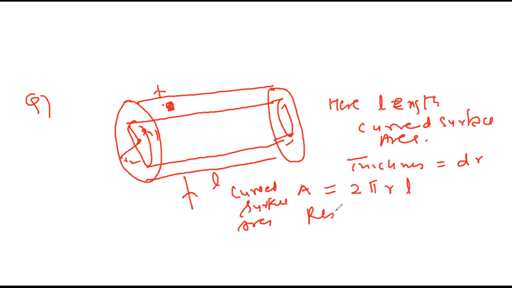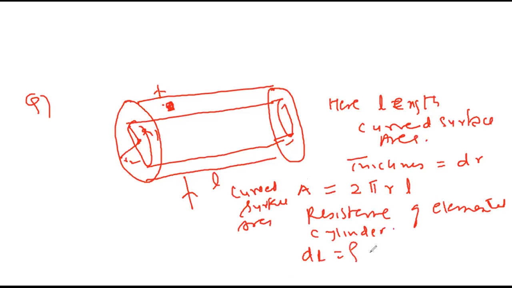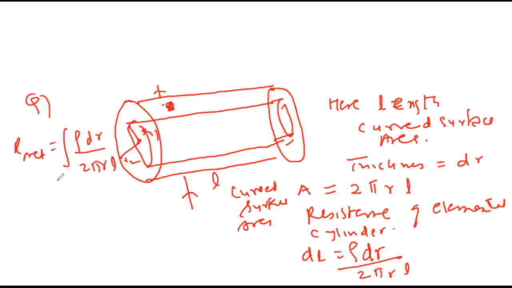So resistance of elemental cylinder means very small cylinder whose thickness is dr, length is l, will become rho, area is, length is dr, that is thickness, and area is curved surface area 2 pi rl. Net resistance is integration of rho dr upon 2 pi rl from r1 to r2.